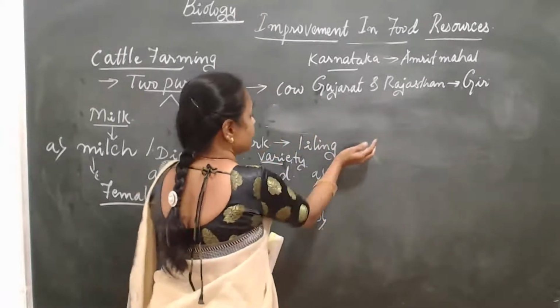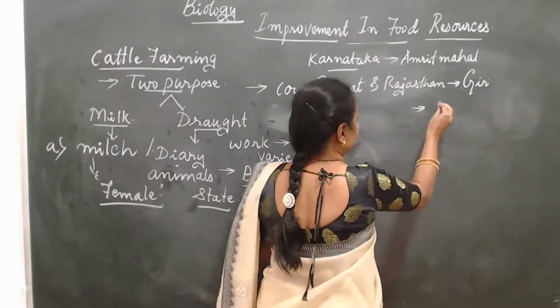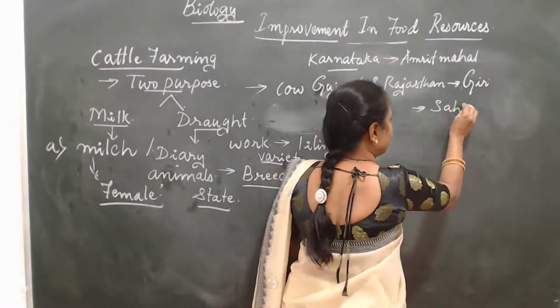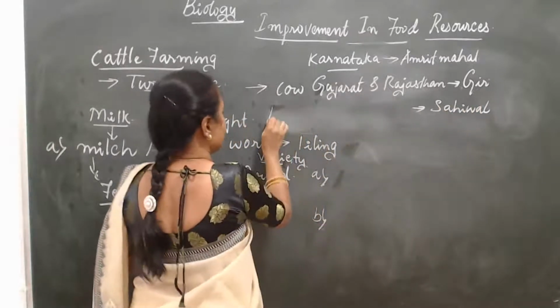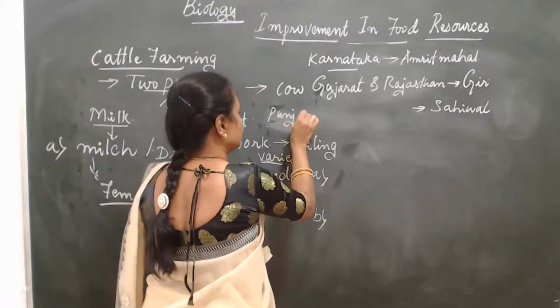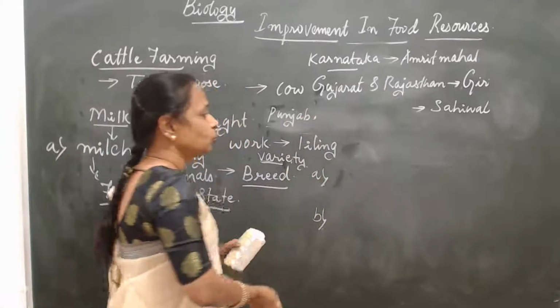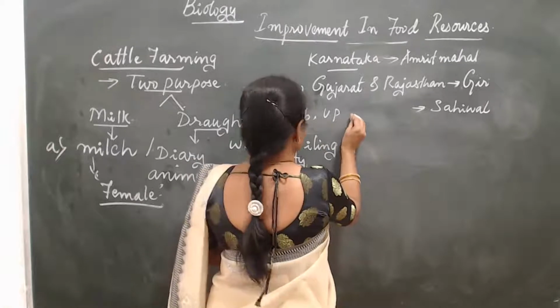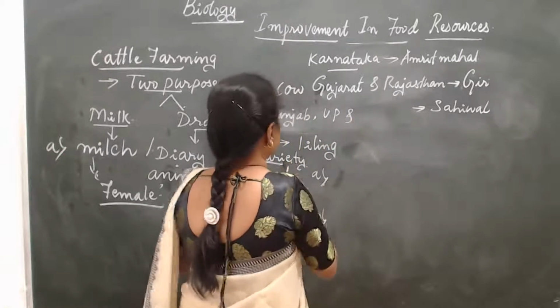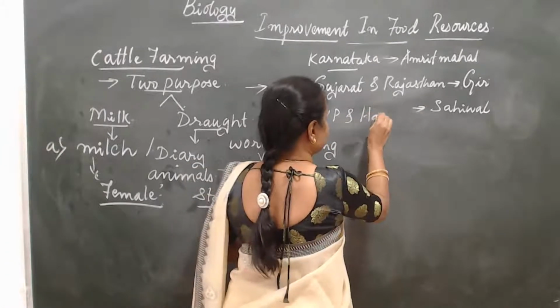Next is the breed called Sahiwal. Sahiwal is seen in Punjab. The states where this breed is used are Punjab, UP, and Haryana.